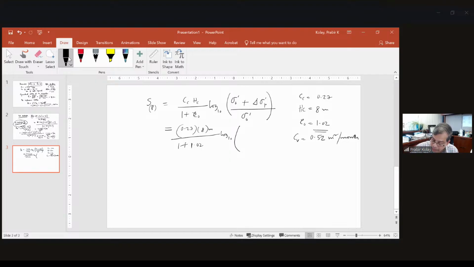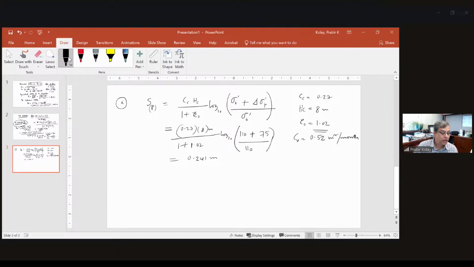That is given already in the problem, 110. And then the increase in stress is also given after the fill operation. It is given like 75. And the initial stress is 110. So easily you can calculate the settlement. If you calculate, this will be around 0.241 meter. Okay. This is the settlement, the first part of the problem.